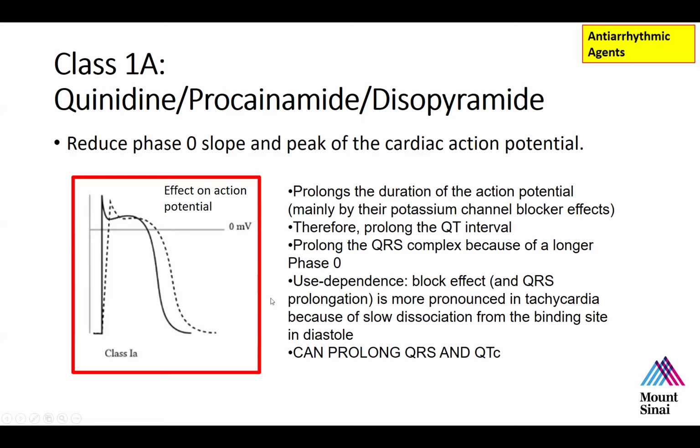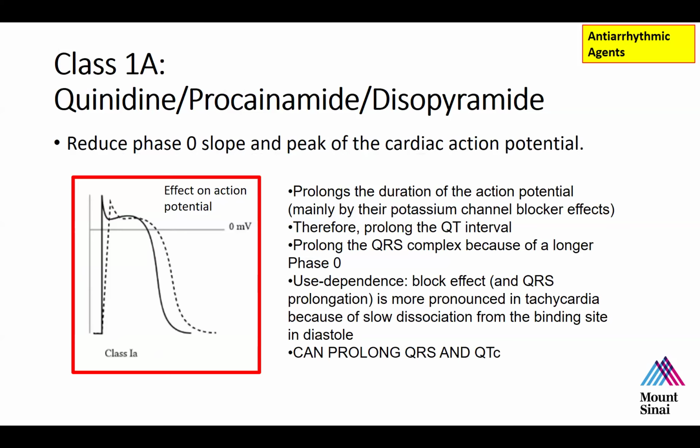In the case of 1A agents, they prolong the duration of the action potential mainly by potassium channel blocking effects, which is, I think, a byproduct of metabolism of these sodium channel blockers. They can prolong the QT because they prolong the action potential, so that needs to be monitored whenever someone is on these agents. They also prolong the QRS complex because of a longer phase zero.